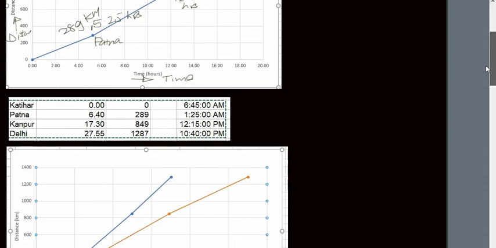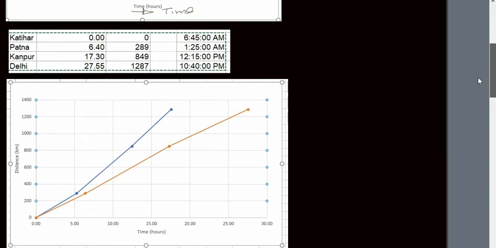So now see what it looks like on the plot. So this is our Rajdhani Express. And this is Mahananda Express.